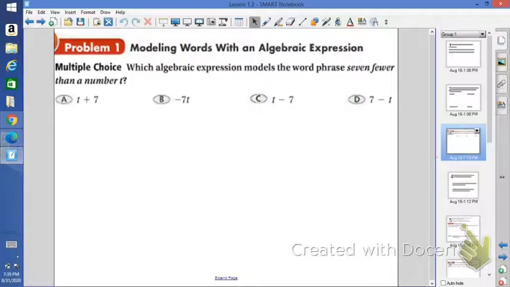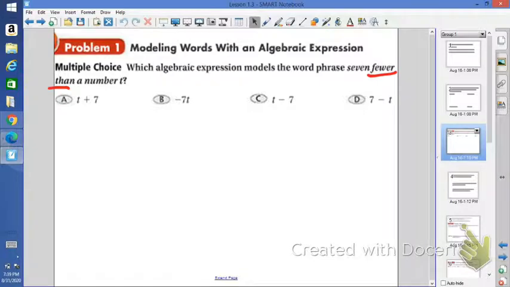In problem 1, which algebraic expression models the word phrase 7 fewer than a number t? So fewer than would indicate subtraction. Now we're going to have to write this seemingly backwards, so you have to be careful with an example like this.